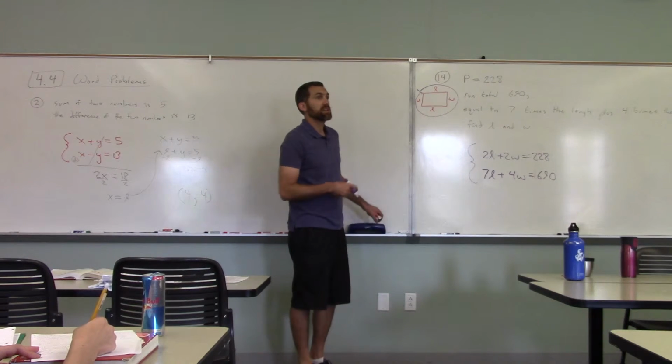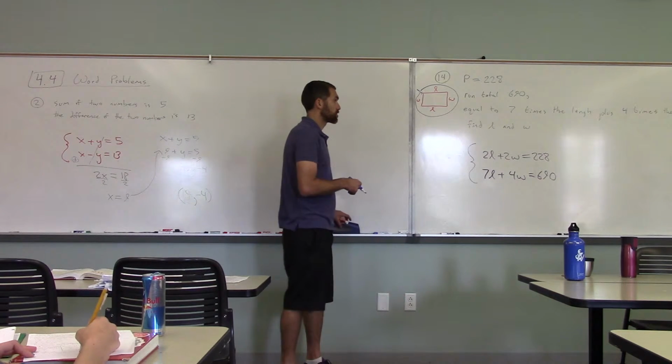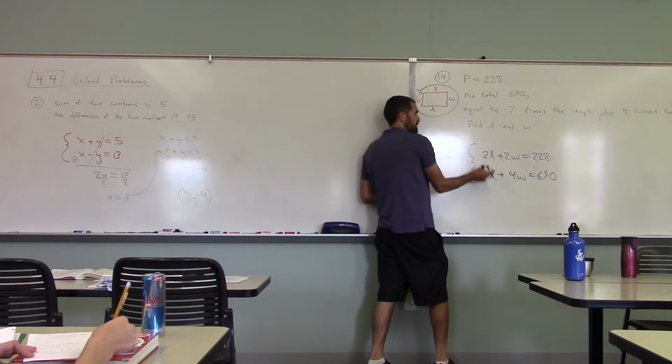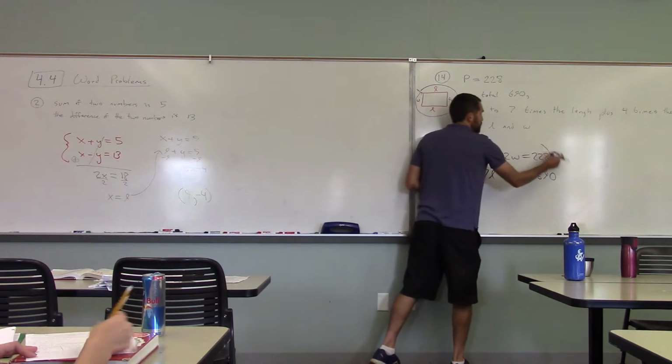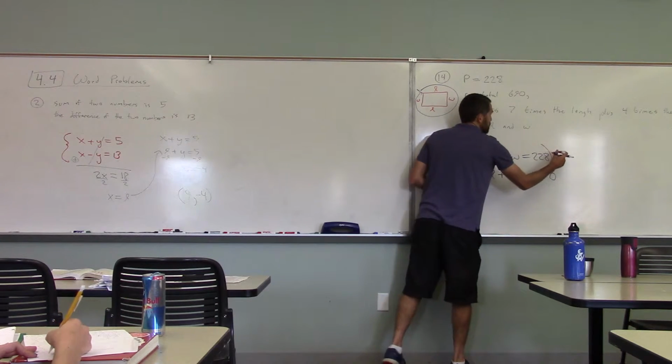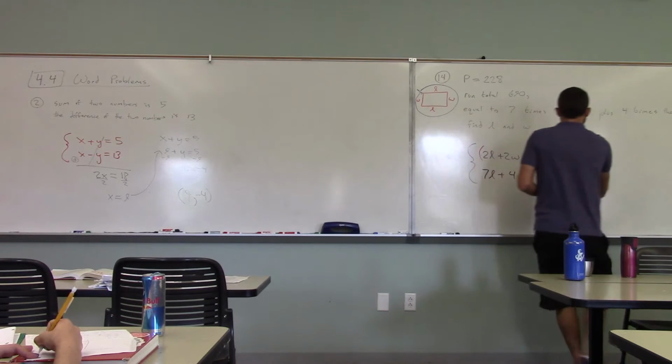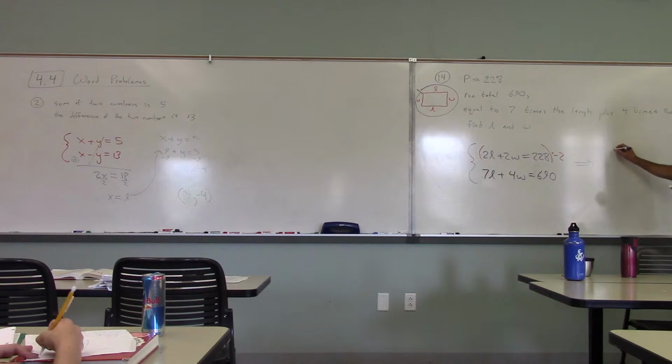You choose your method, whether you want to graph, use substitution or elimination. Yeah, Nick? Multiply the top by -2. Exactly. This one is harder. You have to multiply 1 by 7, 1 by 2. But if we just multiply the top times -2, we get -4 and 4. So this becomes -4L minus 4W equals some large number, -456.